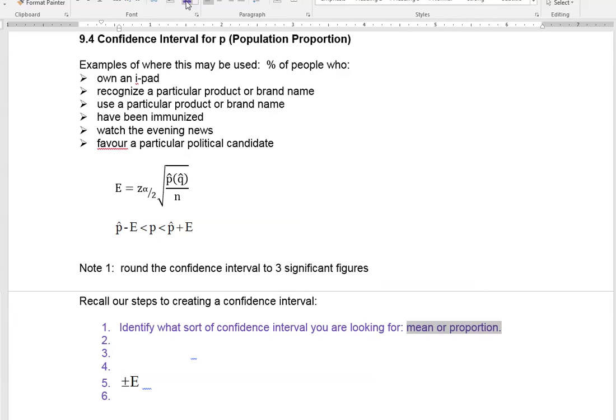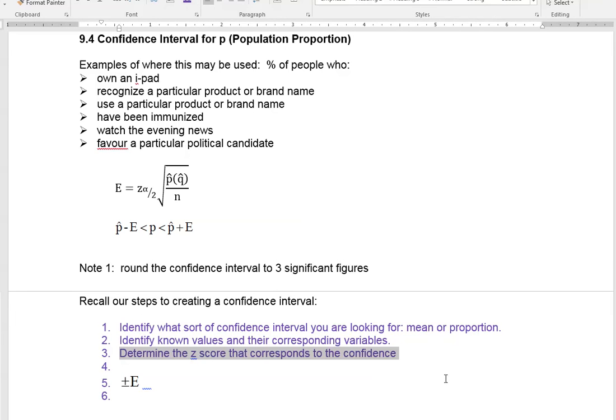I didn't go quite far enough there. Second step is figure out what do we know. Right? And don't forget to figure out what the variables are that go with those things that we know. Third step, figure out the z-score that corresponds to our confidence level. And remember that confidence level is our certainty of being correct.